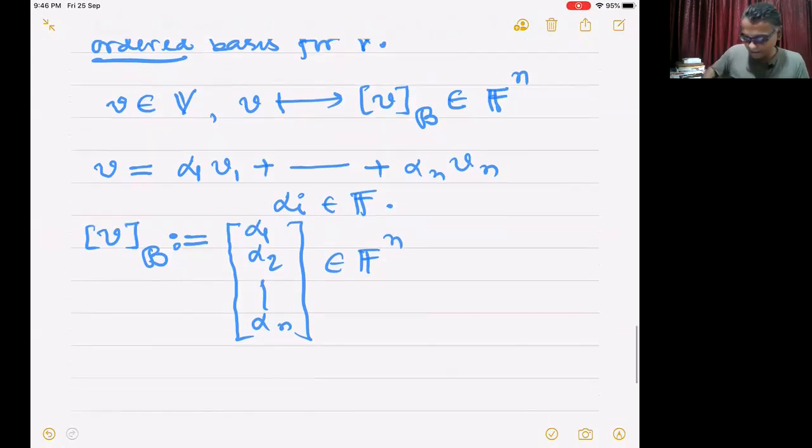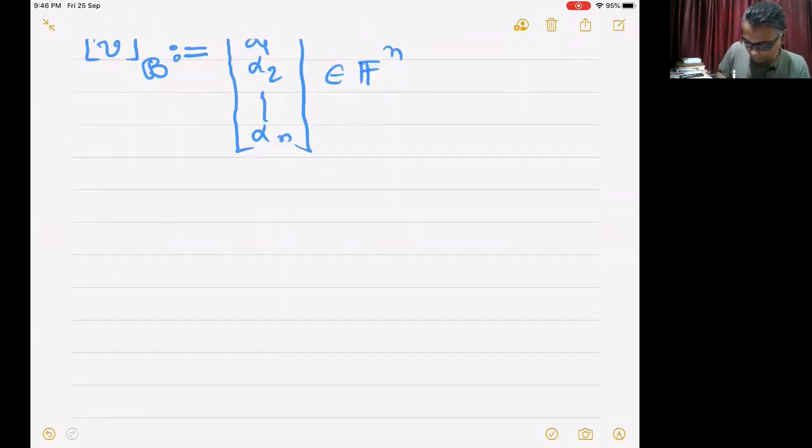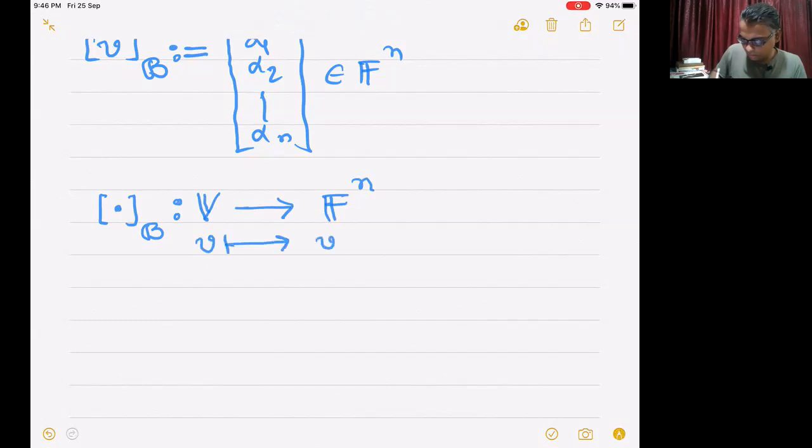Let me give this identification a name. This symbol denotes the identification. We claim that it's a map from V to F^n. It takes a v and maps it to its representation with the ordered basis B. We claim that this is an isomorphism.